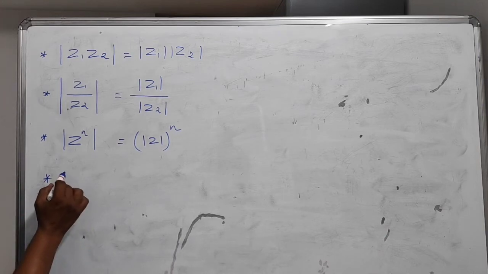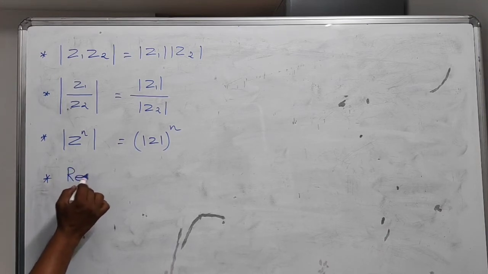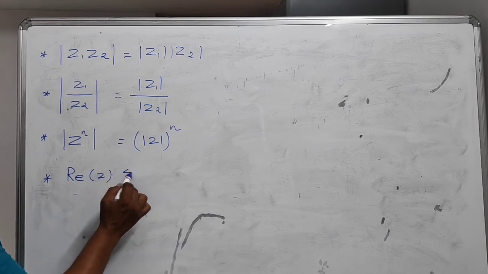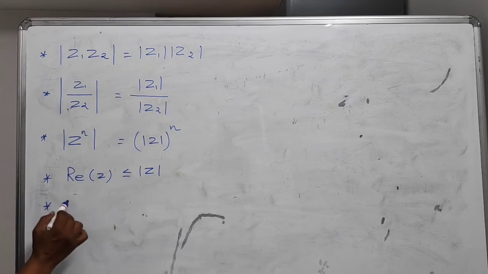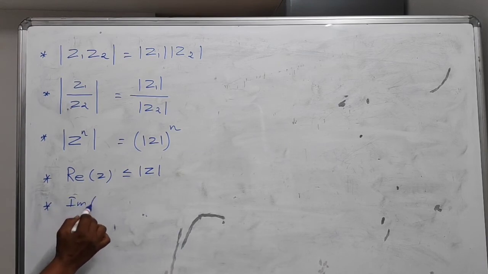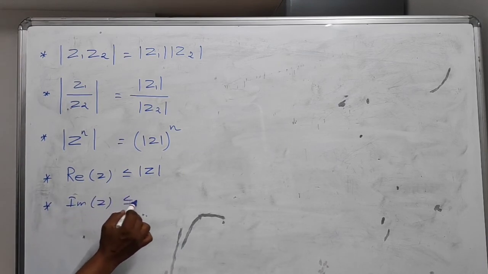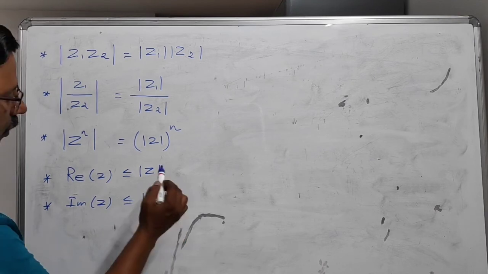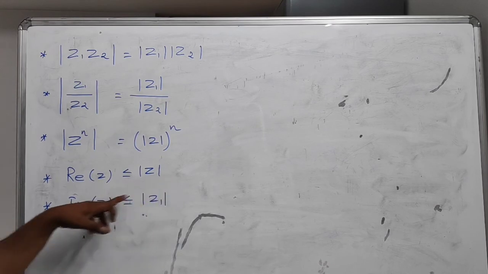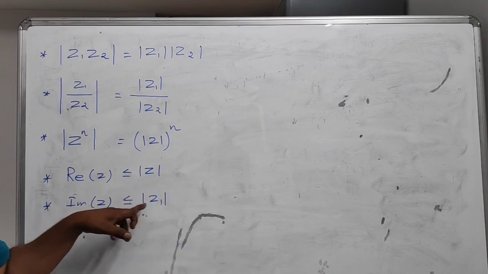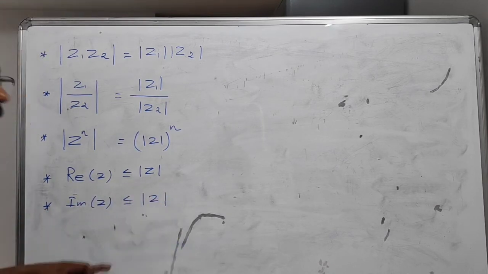The next one is, as already told, real part of z is less than or equal to modulus z. Similarly, the imaginary part of z is less than or equal to modulus z. Real part of z is always less than or equal to modulus z, and similarly imaginary part of z is always less than or equal to modulus z.